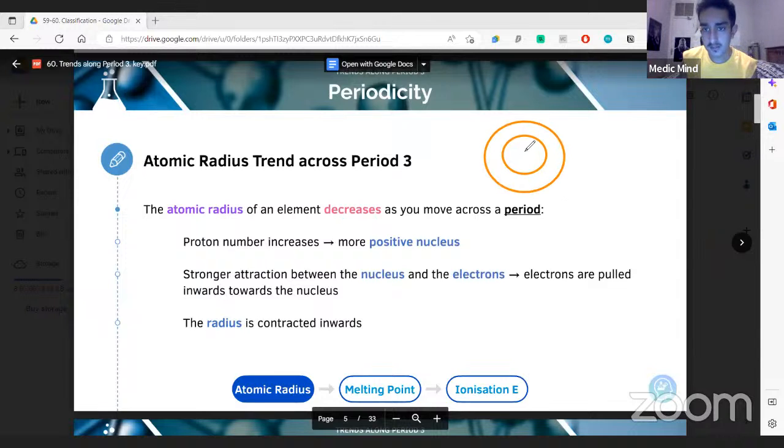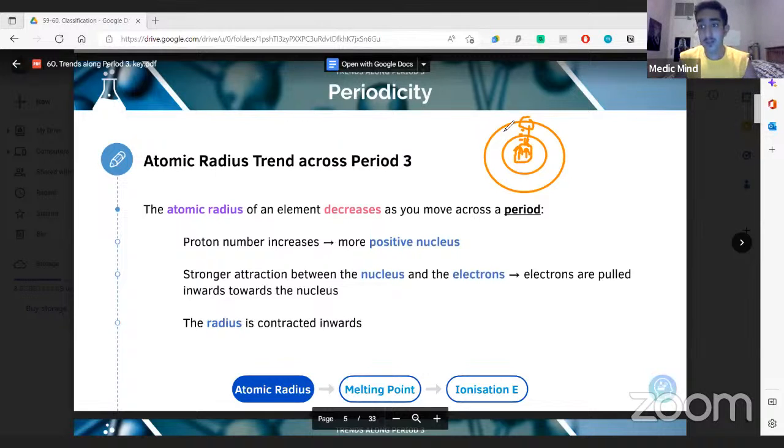But your nucleus, which is in your center, is going to become stronger, because it's going to get more protons, which means the attractive force that it's exerting on these electrons is going to be greater. So it's going to be a stronger attraction between the nucleus and the electrons, which means electrons are pulled inwards more strongly towards the nucleus.